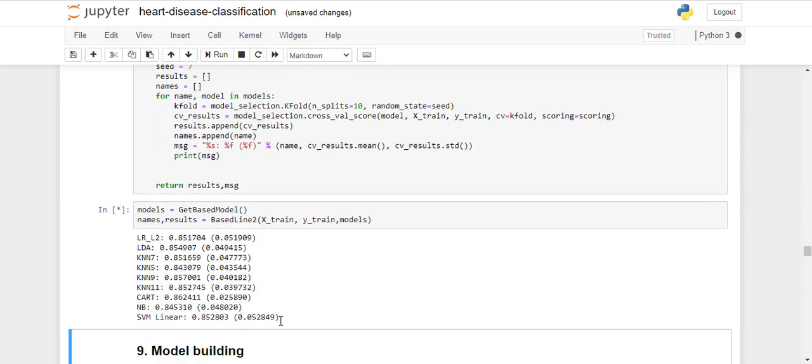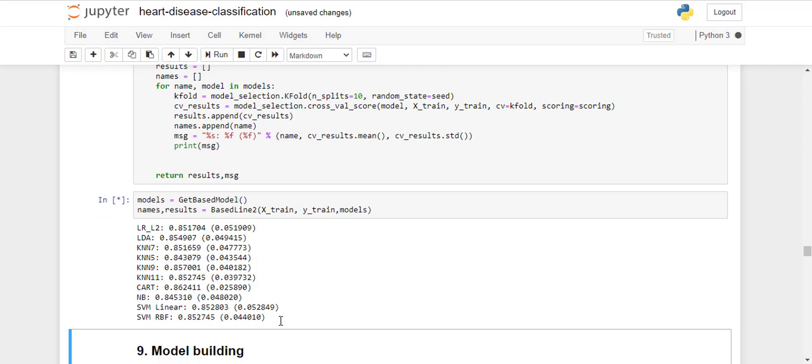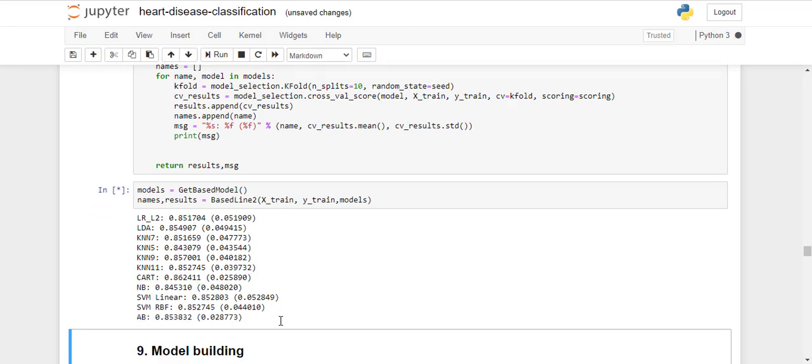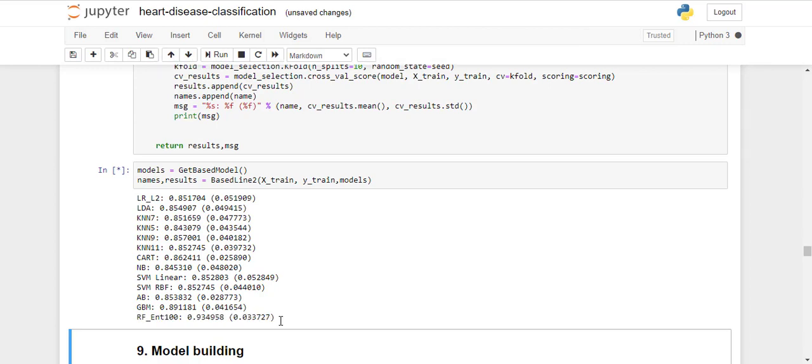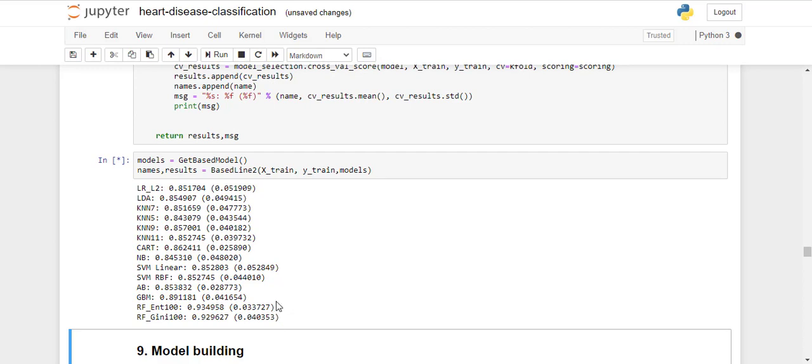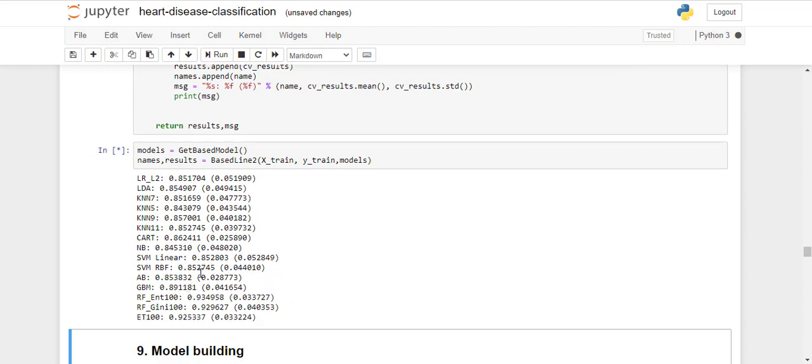As we can see, KNN 9 is good. CART also performed well, 0.86. SVM linear and RBF are also good. Great. AB is also more than 85. GBM 89, great. RF is somewhat exceptional, 93.49. RF Gini 92.96, cool.